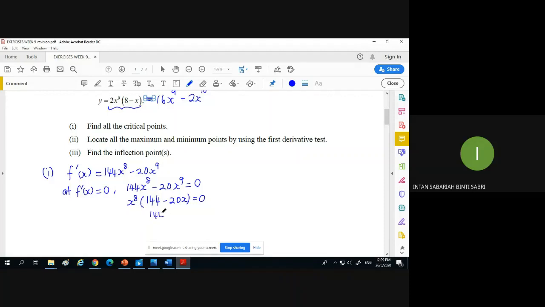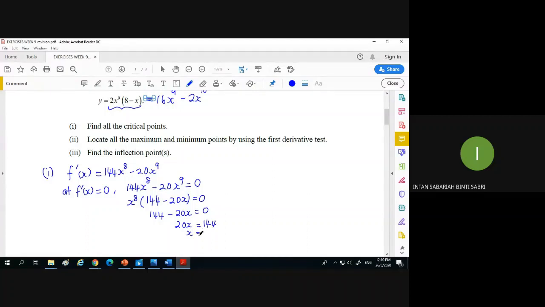So what we have now is 144 minus 20x equal to 0, so 20x equals 144.